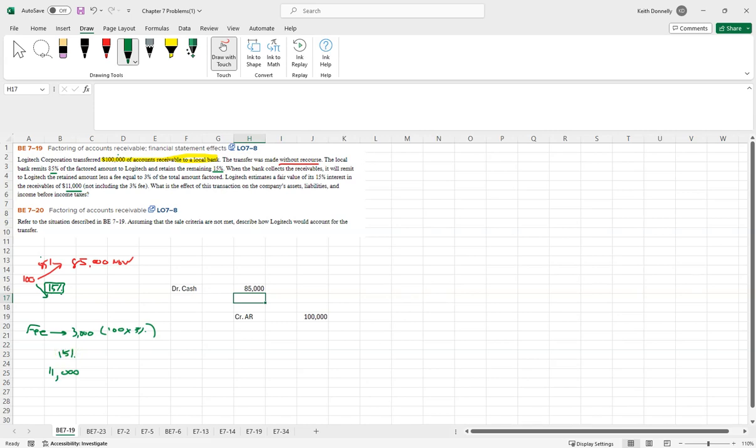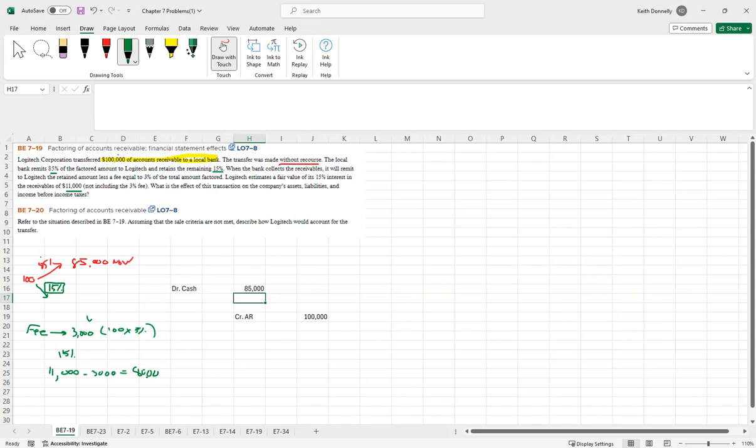If you remember, they said we're going to keep 15%. Once the bank collects the receivables, of that 15%, they'll back out their fee that we calculated up here. And the difference, the 11 minus the 3, is going to be $8,000.